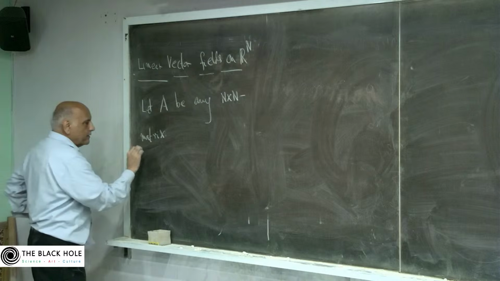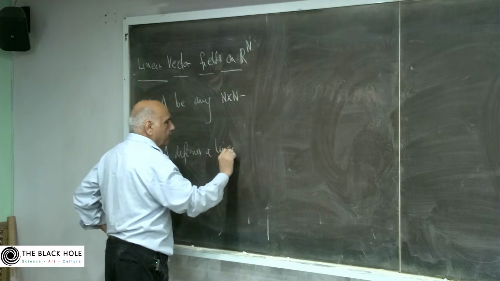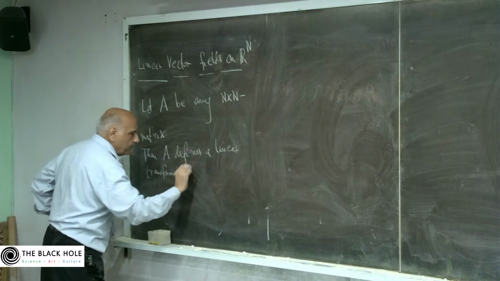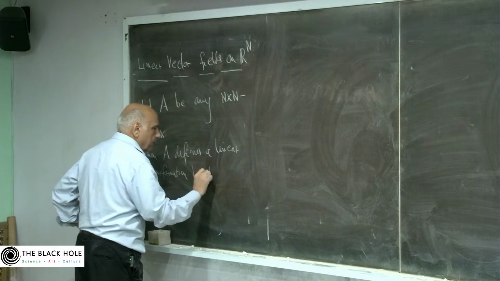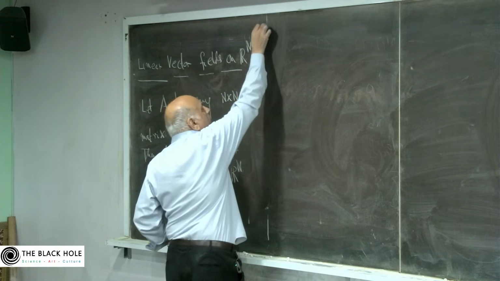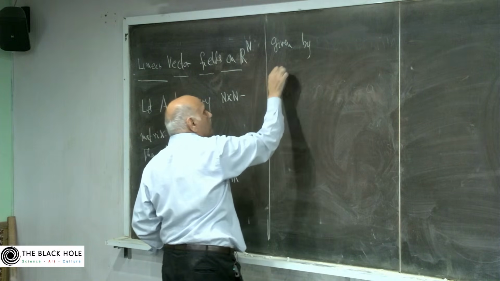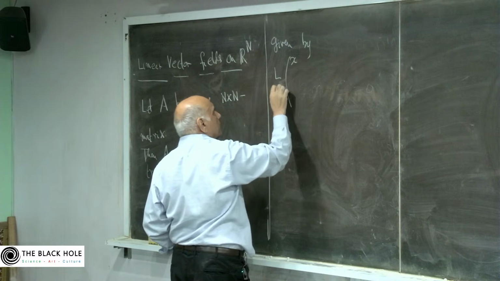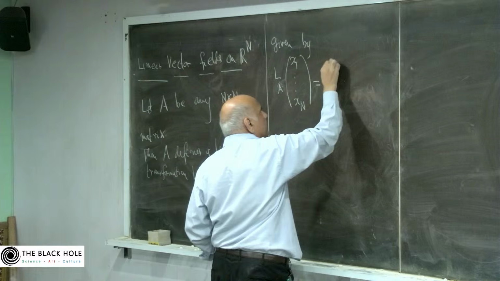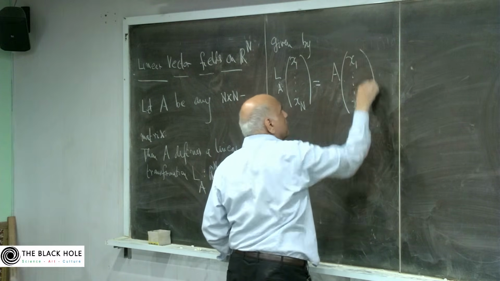Then A defines a linear transformation L sub A from R^n to R^n given by L_A of x1 up to xn is equal to A times x1 up to xn.